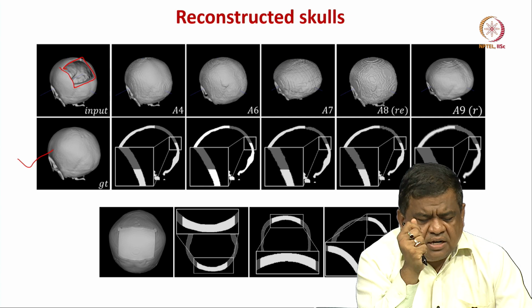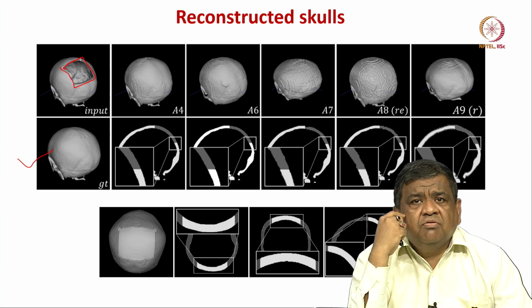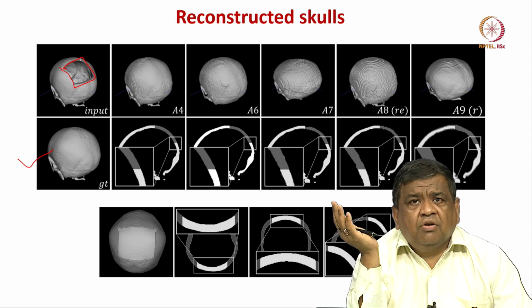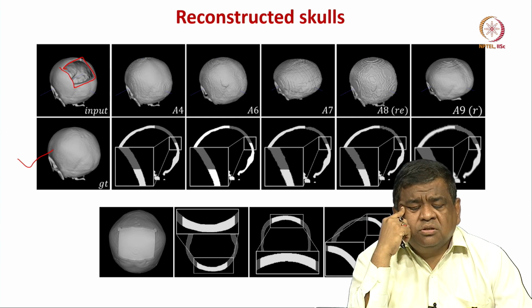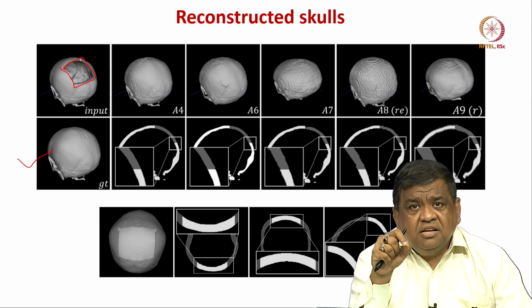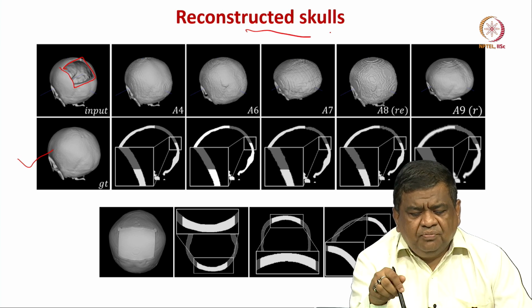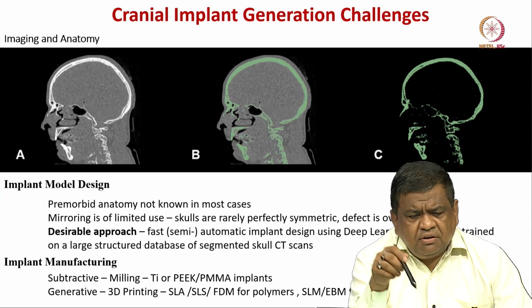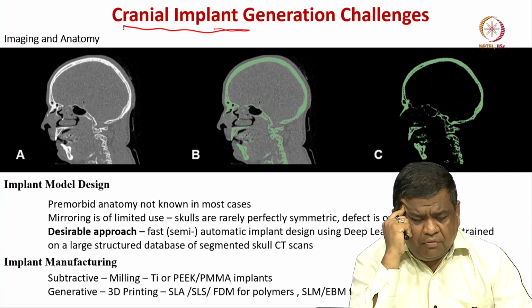In different parts of the reconstruction process, they use a different combination of software. Some of them are open source software, and some are licensed software that one has to have, and these are used while reconstructing the human skull. This is how these different cranial implants are generated.